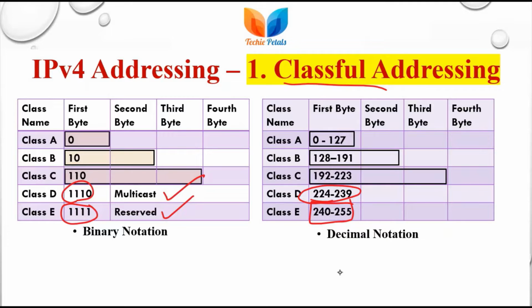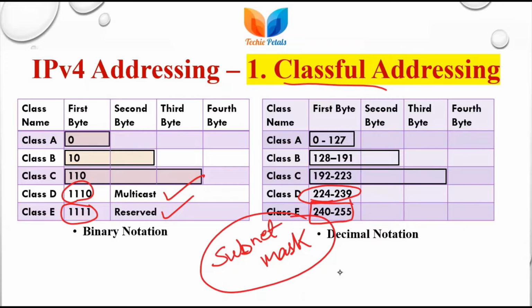Now, another important concept in networking is the subnet mask. This mask is used to identify the length of the network ID. For class A, the length is 8 bits.